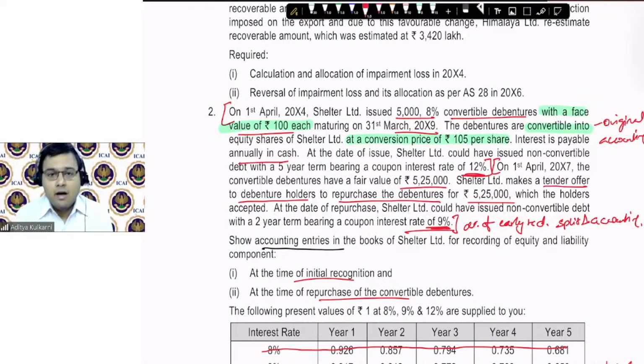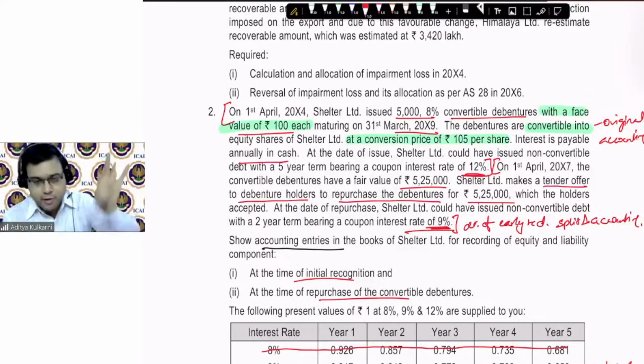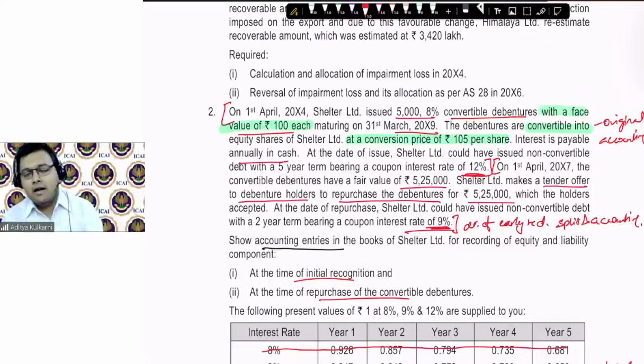See, when is early redemption possible? When redemption is possible in the first place. Are you able to follow? Early redemption is possible when an actual redemption option exists. Because there is a redemption offer, we are going ahead and doing an early redemption.